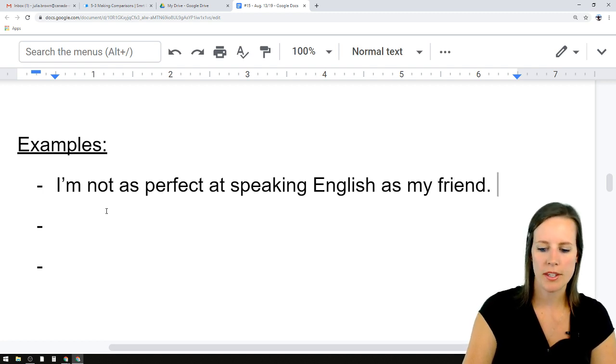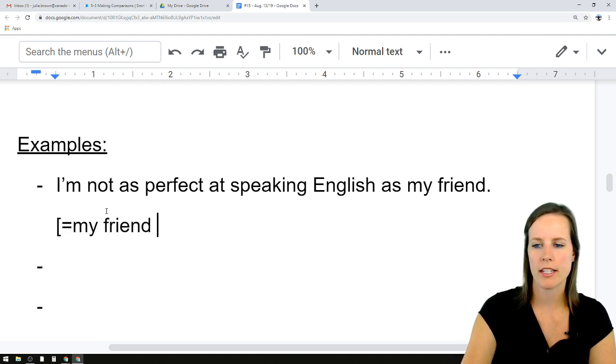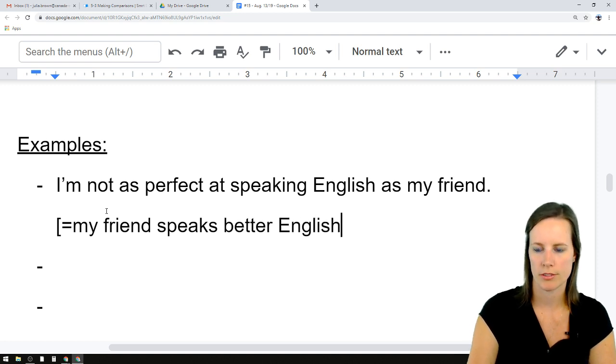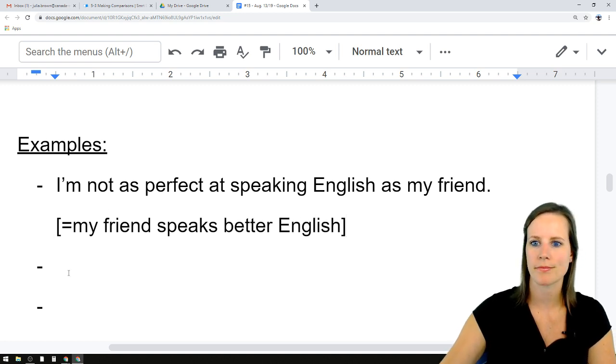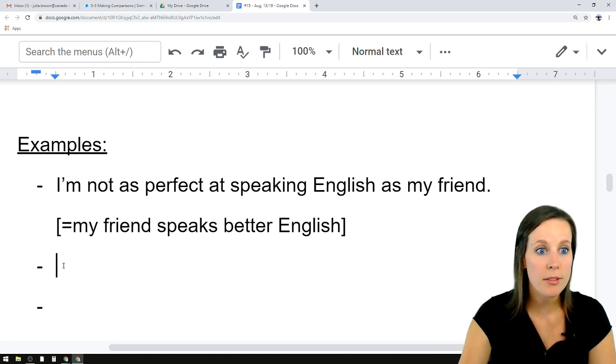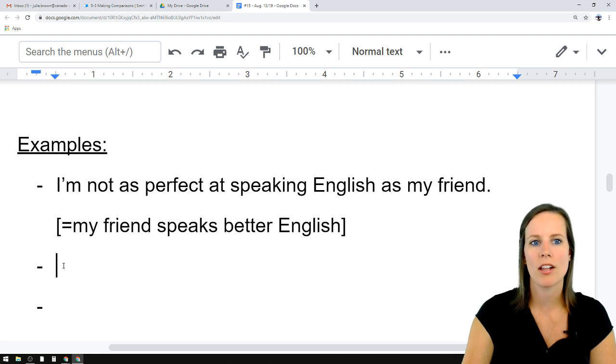Okay, so this means my friend speaks better English. Okay, that's the meaning. Let's go down to some more. I'm taller than him, "than". Yes, you can say that. That's a comparative. We'll get to that very soon.